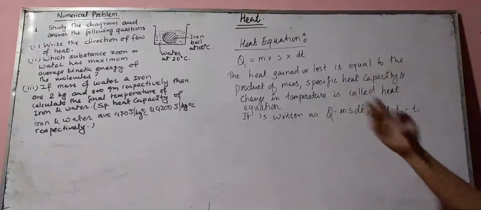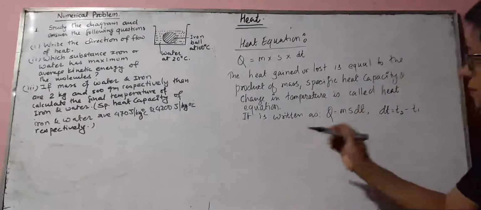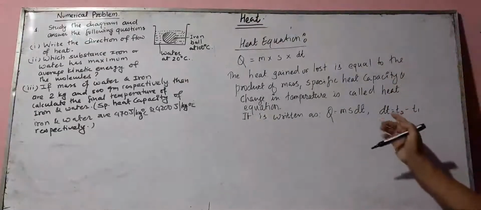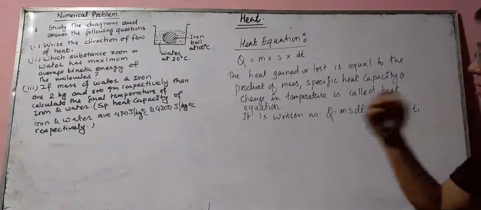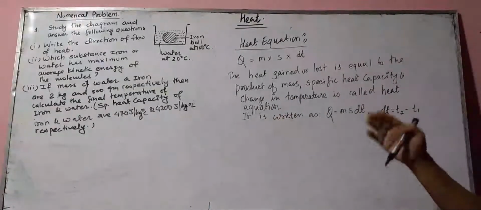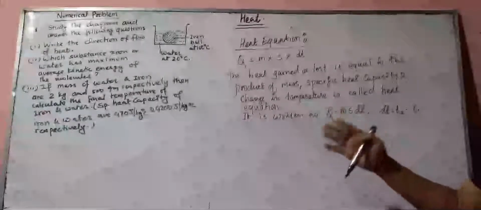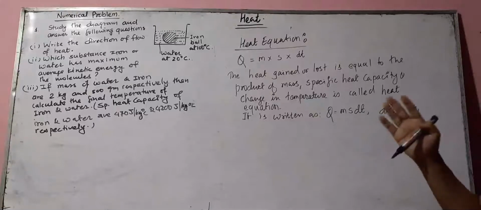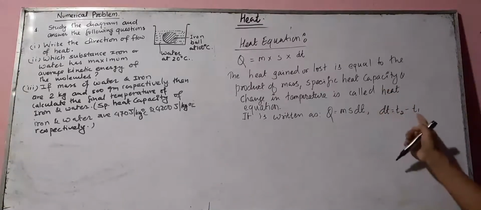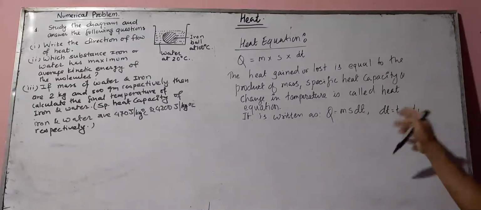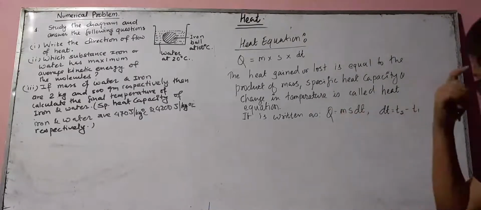whether the heat is gained or lost. Okay, suppose if it is gained, that means the heat is transferred from hot body to cold body. So if the cold body gains heat energy, at that time the initial temperature T1 is smaller and final temperature is more.